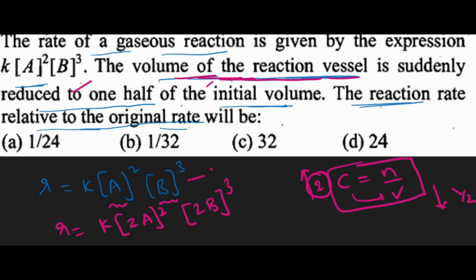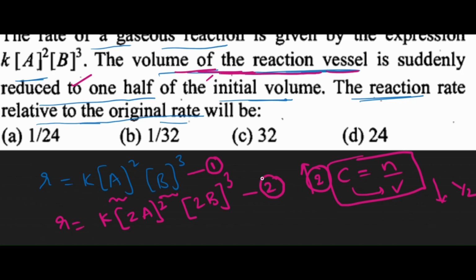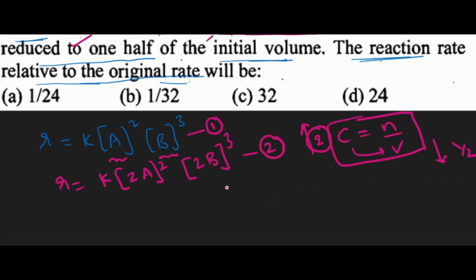So this I am assuming as the old one. Before changing the volume I am assuming as equation 1, and after changing the volume the concentration will be affected, which is assumed as equation 2. Clear? Now we have to observe the relation between 1 and 2, after changing and before changing. Clear? So you may assume this as R1 and this will be R2. Now upon simplifying, 2 square, that means 4, right? 4 into A square, right?